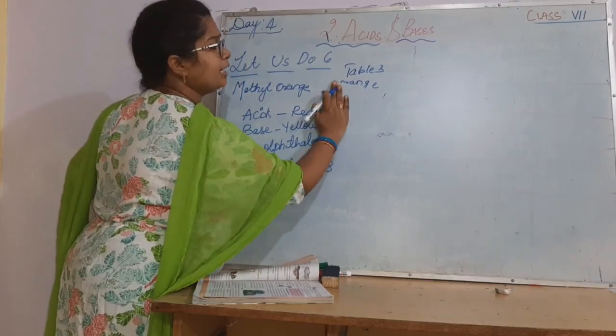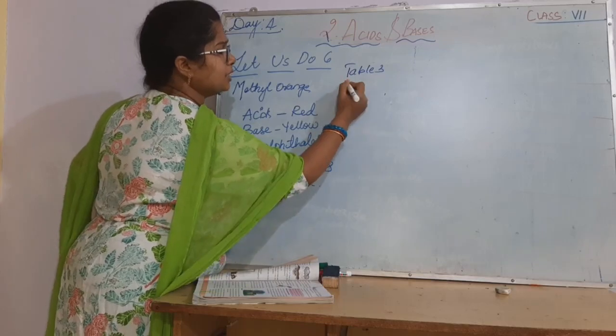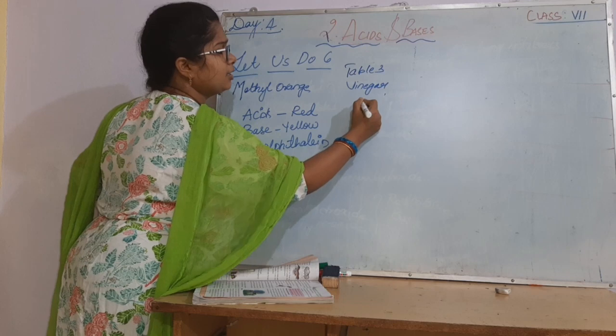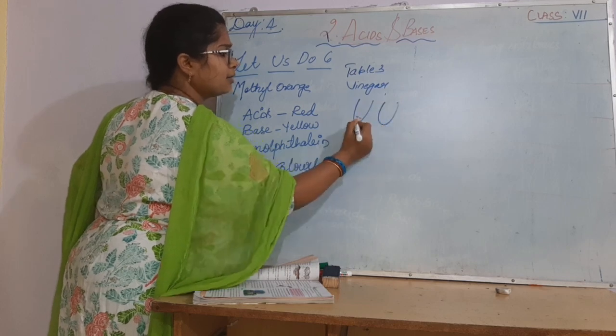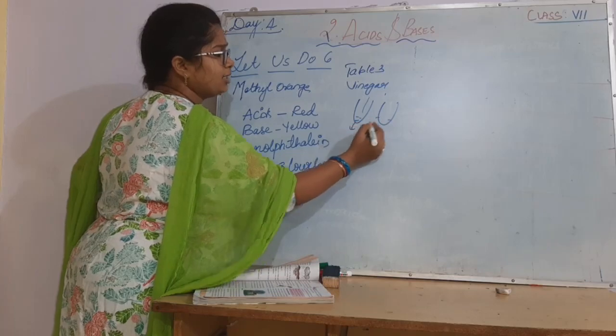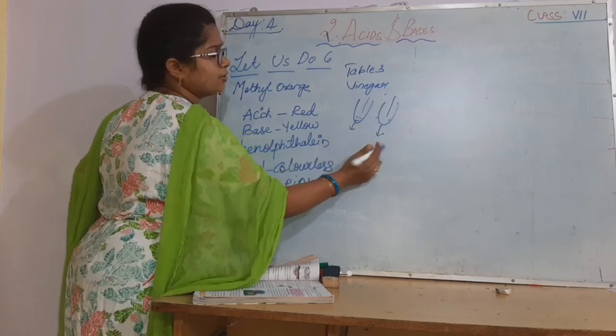Okay. Suppose I take vinegar, which is in table 3. I take vinegar in two test tubes, add five or six drops of methyl orange and five or six drops of phenolphthalein solution.